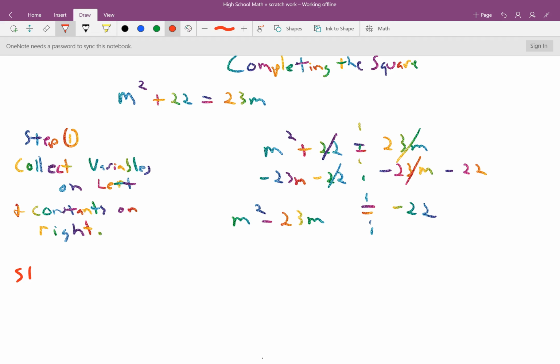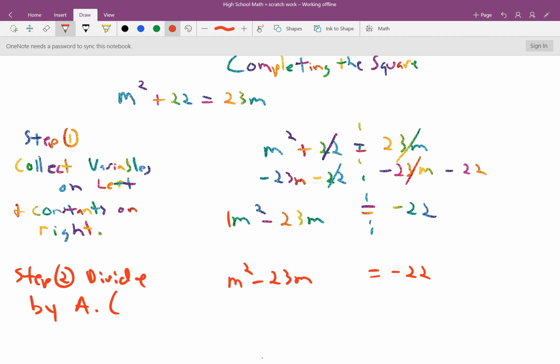Step 2. Divide by a. That hasn't mattered in any of our problems, but you need to be aware of it. If we have a coefficient here that's other than 1, it's going to change some stuff, but since ours is 1, dividing by 1 wouldn't change anything. So we are left with m squared minus 23m is equal to minus 22.